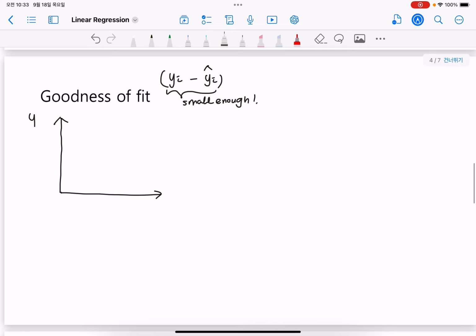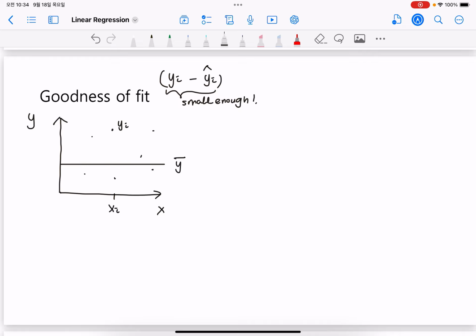Here we have y, here we have x, and this is xi. Here we have the actual y, the actual cost, let me say. And let's say after you put all the dots, in terms of y, you make an average of every y, okay? So let's say the average of y is right here, and this is called y bar.